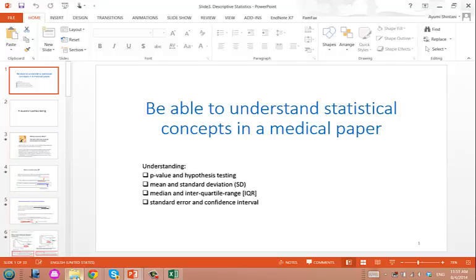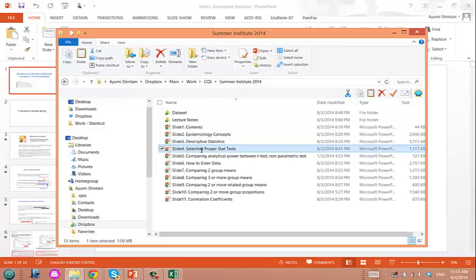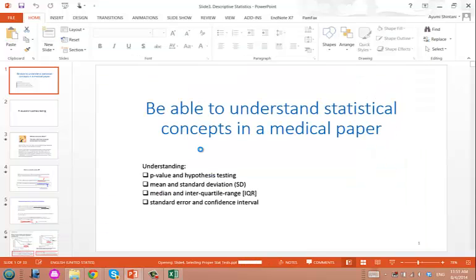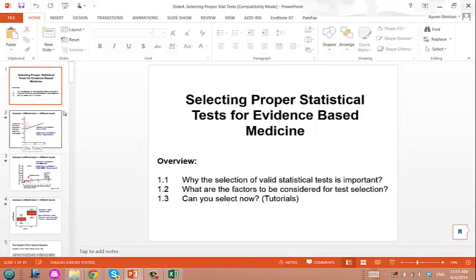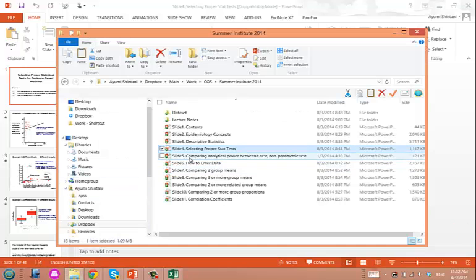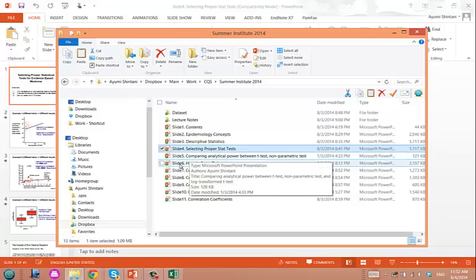And after that, we will be talking about how to select, when to use a t-test, when to use a chi-square test, and when to use a correlation coefficient test, and so on. And we might not have enough time to do that.